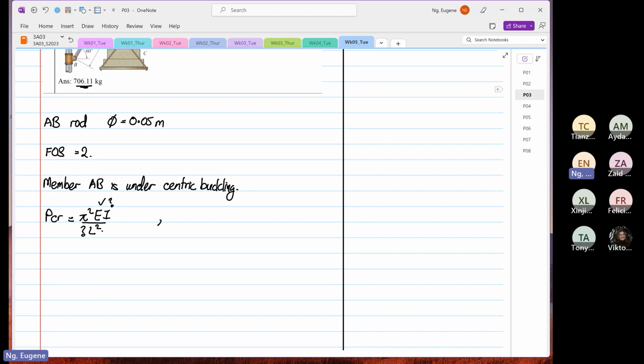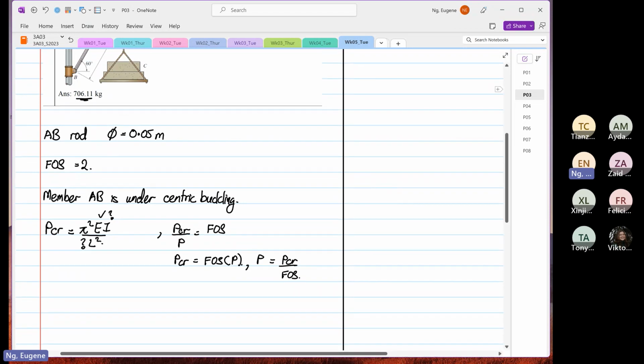So we know that P critical over P is equal to the factor of safety. So P critical is equal to the factor of safety multiplied by P, right? So from this expression, to find P, it is equal to P critical divided by factor of safety. So that is part of our answer already.